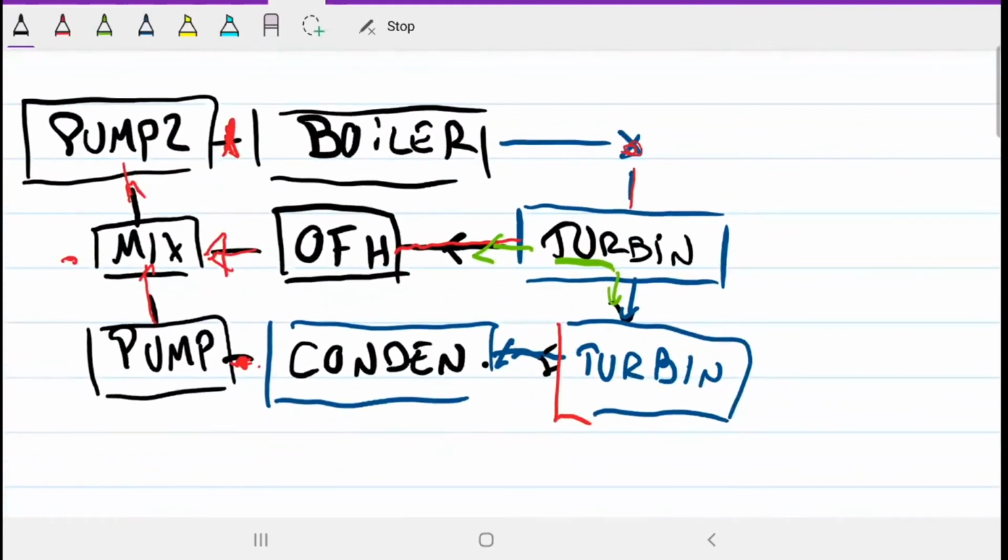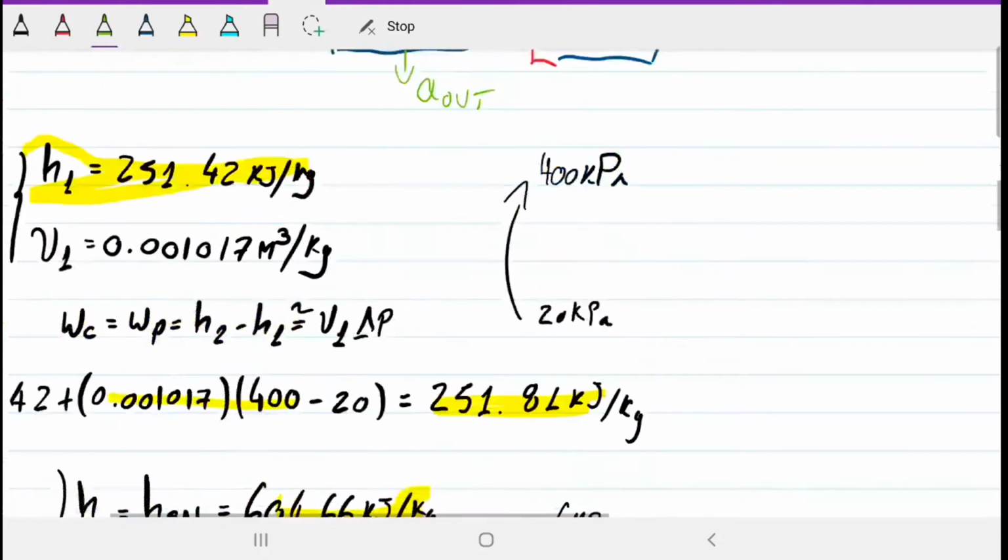When we get to the split, the one in green here, approximately 15% goes this way, and the other 85% goes this way. So only 85% of that mass flow rate is going to go through the second turbine, turbine 2, and only 85% is going to go through the condenser. So if you want to evaluate the heat rejection that happens here, we need to take into account that only 85% of that mass is going in there. So now we can be happy and solve part A.